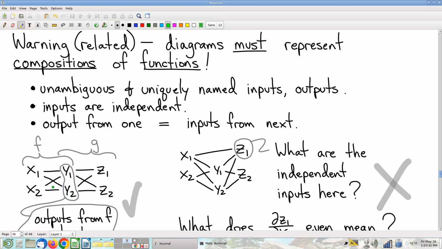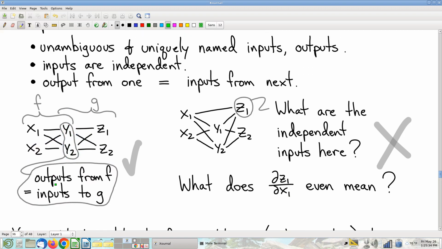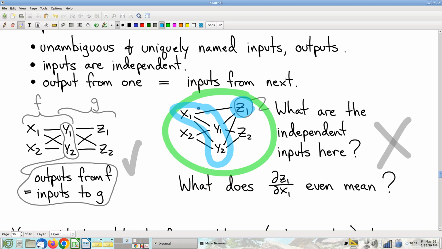So if you find yourself in a situation where, let's suppose you're given a bunch of equations where this would appear, at least at a glance, if this is what your diagram looks like, you got a problem. In what way is this a composition of functions? What is Z1 a function of here? Is it a function of these variables?